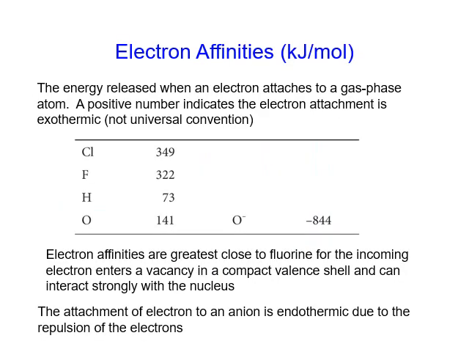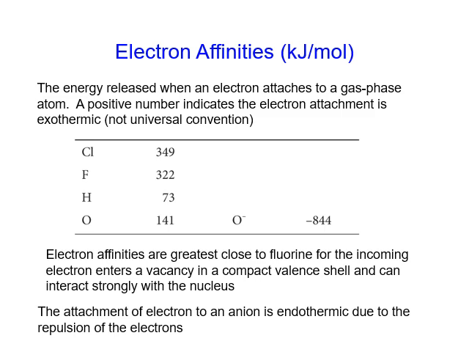Electron affinity is defined as the energy released when an electron attaches to a gas phase atom. It's a measure of the ability of an atom to attach an electron. A positive number here indicates electron attachment is exothermic, and this is opposite to the convention that exothermic is negative.